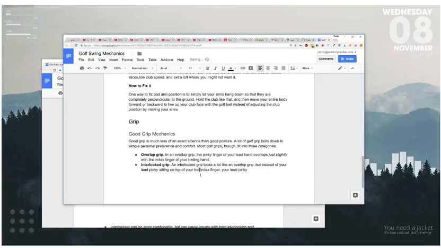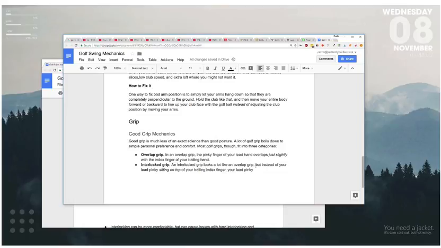Your lead and trailing, by the way, are just terms that I picked up when I was researching for how people were talking about the hand or foot or whatever that is in front versus the thing that is in back when you're talking about a golf swing. So I didn't know that terminology before. I picked it up and I started using it because that's what the industry was doing.